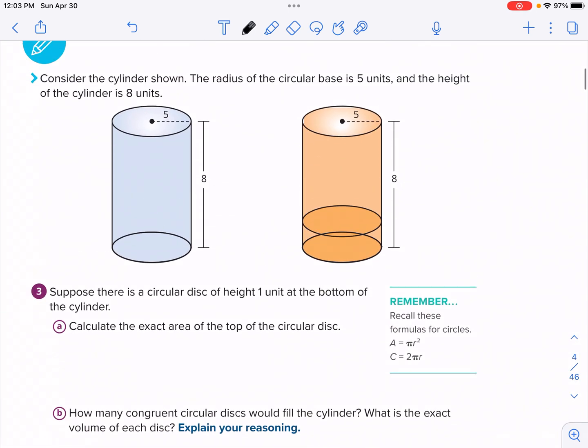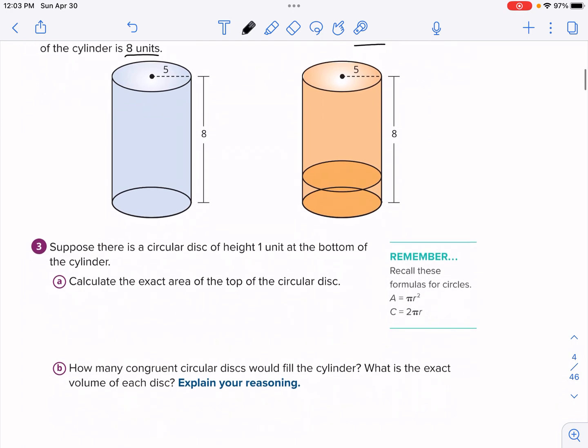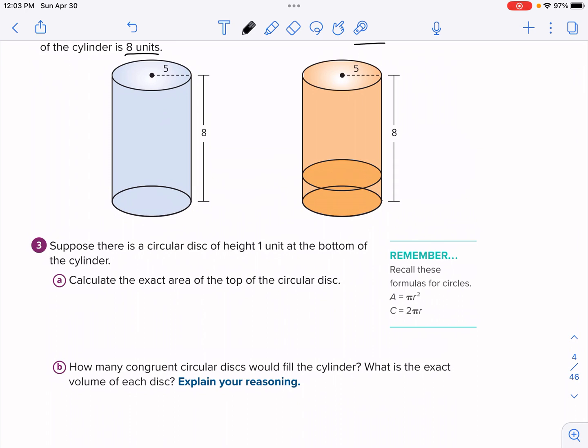So it says, consider the cylinders that are shown. The radius of the circular base is 5 units, and the height is 8 units. Okay, number 3, suppose there is a circular disc of a height 1 unit at the bottom of the cylinder. So it looks like this bottom one right here, or one to the right.